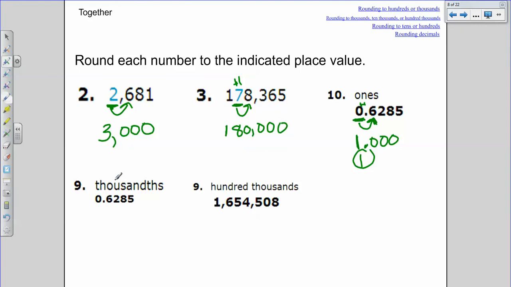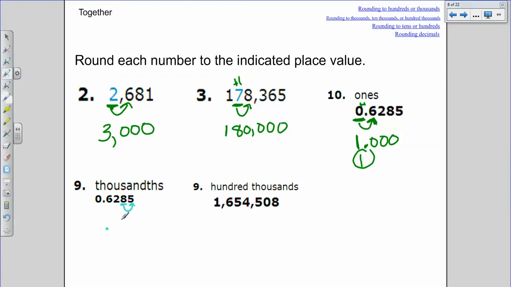All right, now here, this is a good review for our place value. I have to know which number is in the thousandths spot. So I know that it goes tenths, hundredths, thousandths. So the 8 is my underlying digit. I'm going to look at the number to the right, 5 or above. I'm going to climb, so I'm going to get bigger.